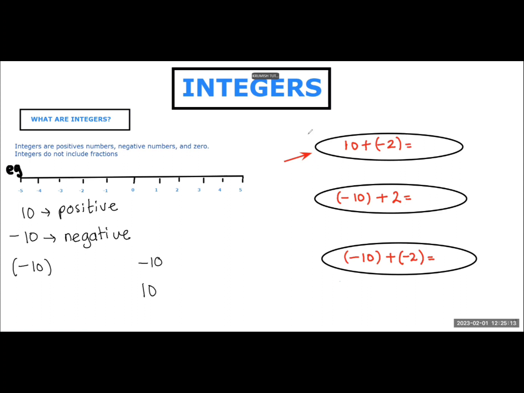If, for example, I have 10 plus -2, if I have 10 Rand, that would be the positive 10, and I spent 2 Rand, which is the -2, my balance is 8 Rand. So if I have 10 Rand, I spend 2 Rand, I still have 8 Rand.